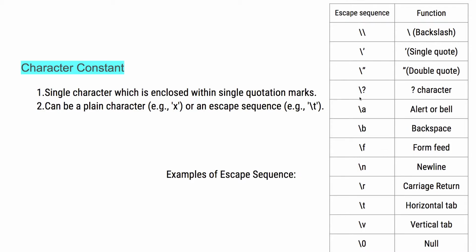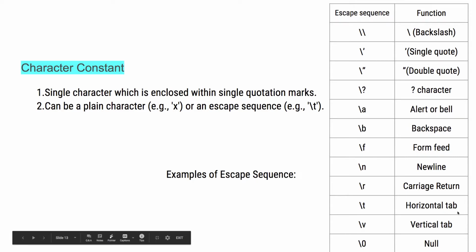This one is used for question mark. \a is used for alert or a bell sound. \b is used for backspace. \f for form feed. \n for new line. \r for carriage return. \t for horizontal tab. \v for vertical tab. And \0 for null.